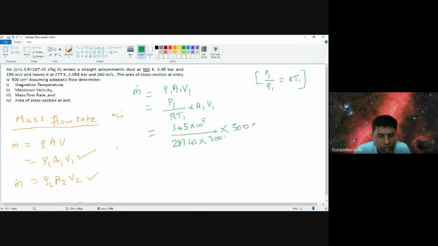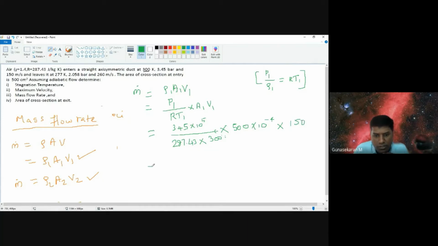We want that in meter square, so you can take it as into 10 to the power of minus 4 meter square, since 1 centimeter square equals 10 to the power of minus 4 meter square. I'm just converting. Into V1, the velocity at the inlet, nothing but 150 meter per second.